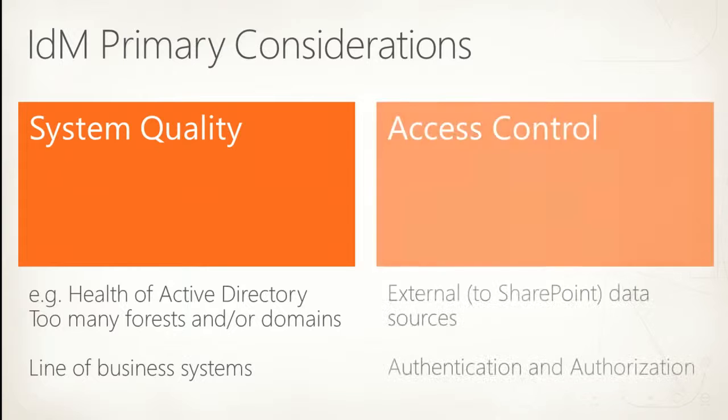And then we need to worry about how we're going to control access to those systems. Not all of these external systems are going to support the type of authentication we want to use when performing the synchronization activities.